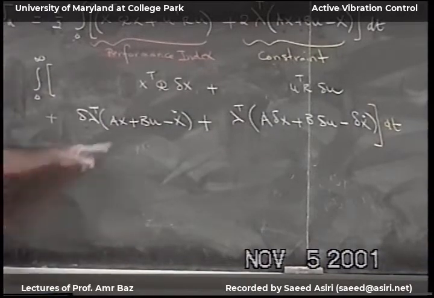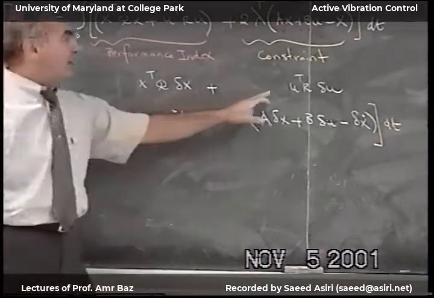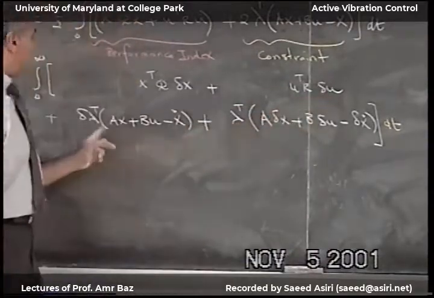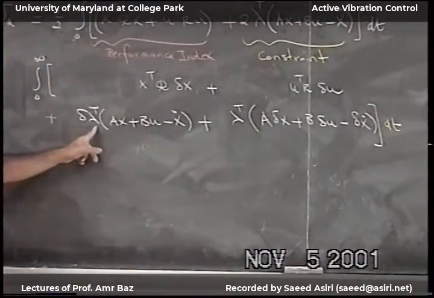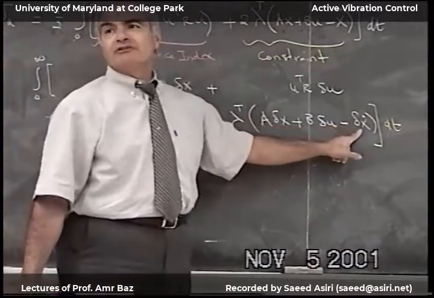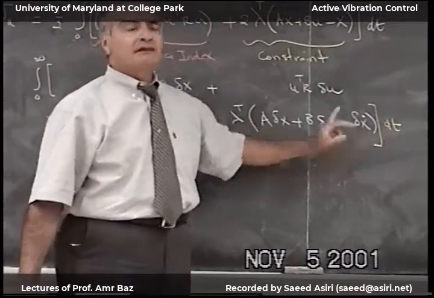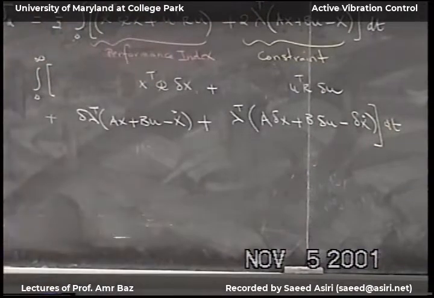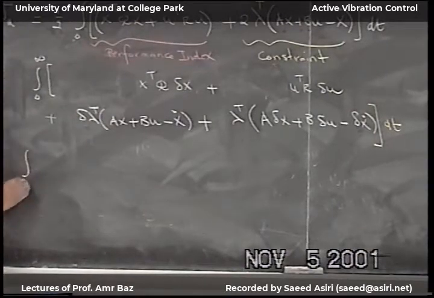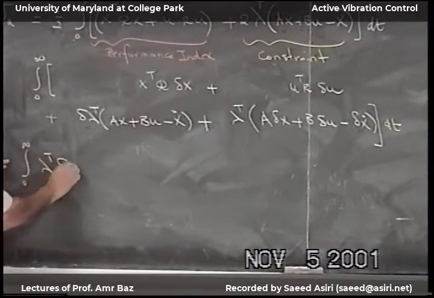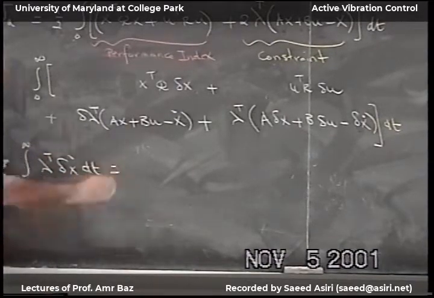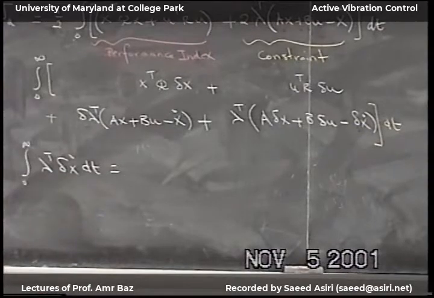We have del X, we have del U, we have del lambda, and unfortunately here we have del X dot. So I have to change this from del X dot to del X. And how we do this, I'll just say it on the side. The integral from 0 to infinity of lambda transpose del X dot dt, I can integrate by parts.